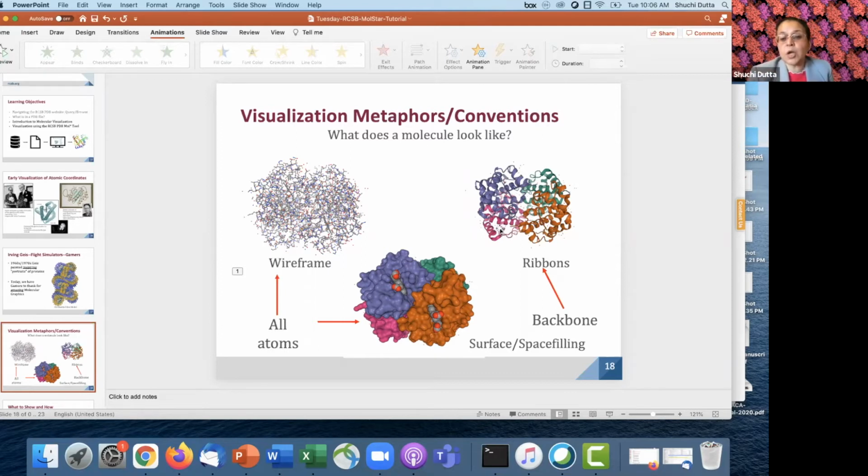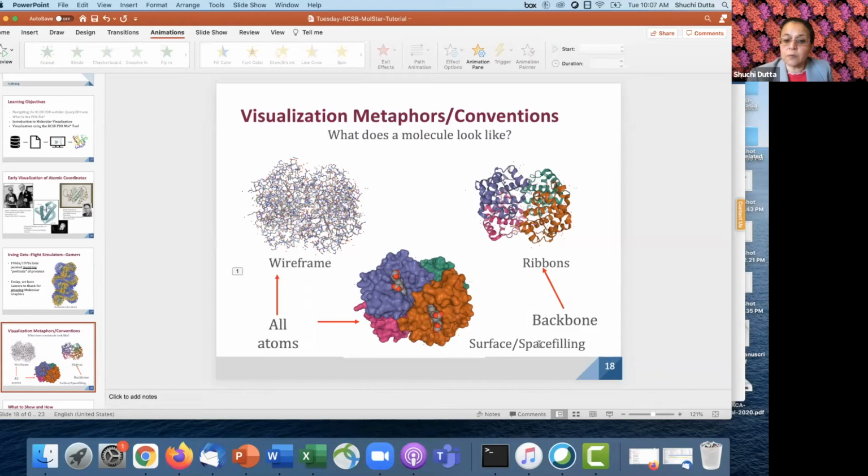But now on top of that, color has been used to differentiate the 4 chains that make up this molecule. What you have to keep in mind is that the limitation here is that you are getting a false sense of space. It appears that these heme groups are floating in space, but actually if you fill in the side chains and look at the surface, you will see that these heme groups are snugly fitting into pockets in each of the 4 protein chains.